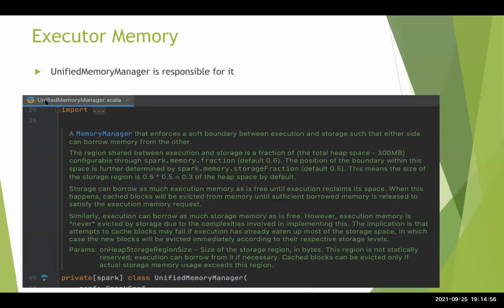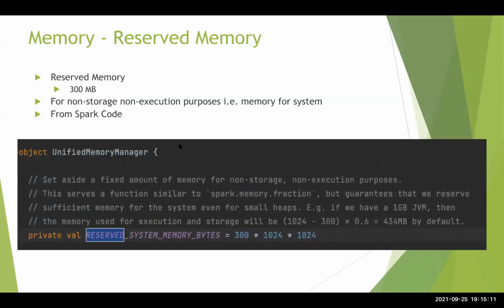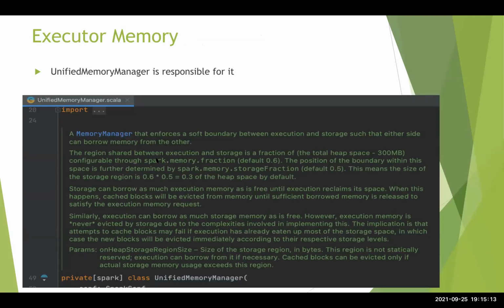This is documentation from UnifiedMemoryManager.scala. It is just a repetition of what I said. A memory manager that enforces a soft boundary between execution and storage, as we discussed, such that either side can borrow memory from the other. The region shared between execution and storage is a fraction of total heap space minus 300 MB, because 300 MB is always reserved.